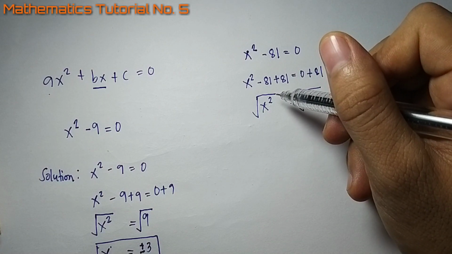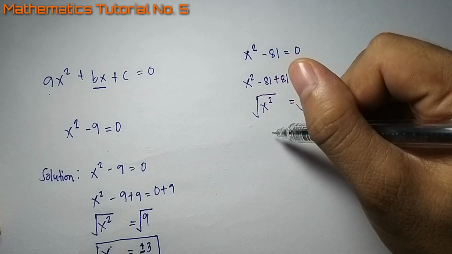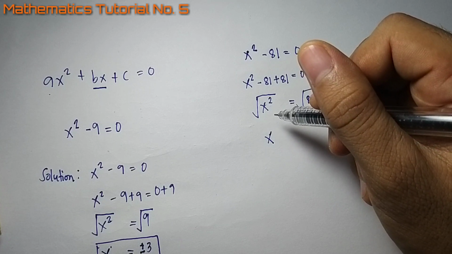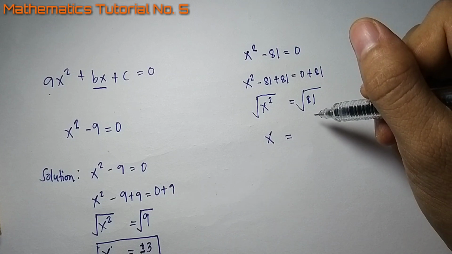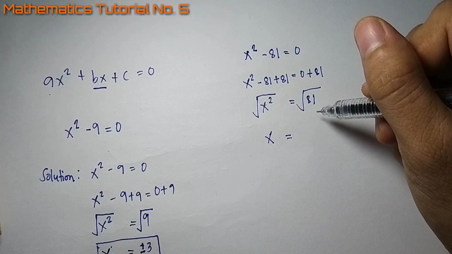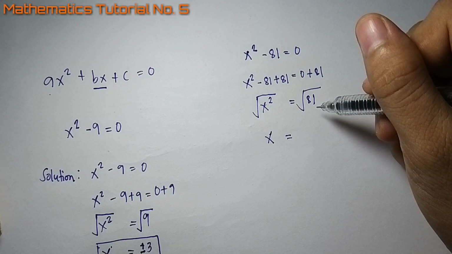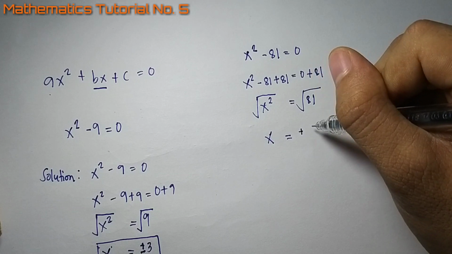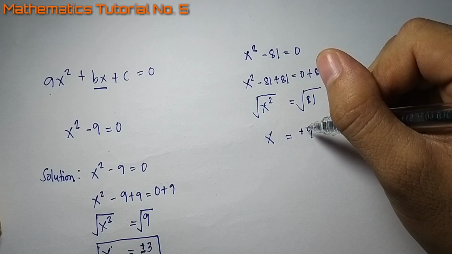So unsa atong i-multiply sa iyang kaugalingon nga mo-answer og x squared, di ba kay x times x. So that is the square root of x squared, x. Next, unsay square root sa 81. So mangita na pud ta og number nga atong i-multiply sa iyang kaugalingon nga mo-answer og 81. So pwede siya positive 9 kay 9 times 9 is 81 man.